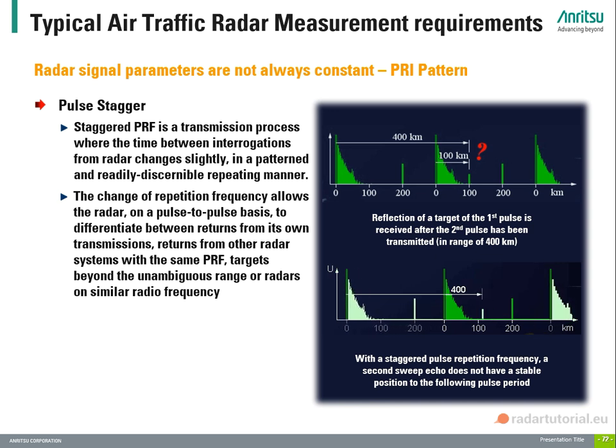The sketch here on the right side shows a case where a target is seen outside the ambiguous range and is therefore presented as a target on the plane position indicator, the PPI. By using a different PRF, a second sweep echo does not have a stable position to the following pulse period and is therefore detected as being wrong.